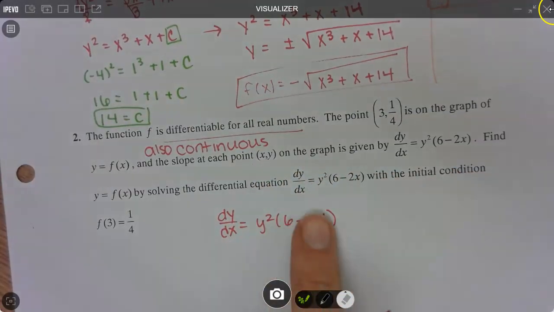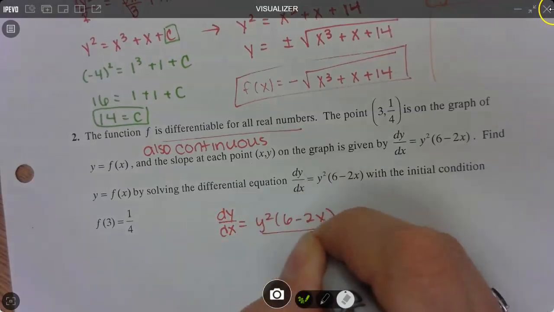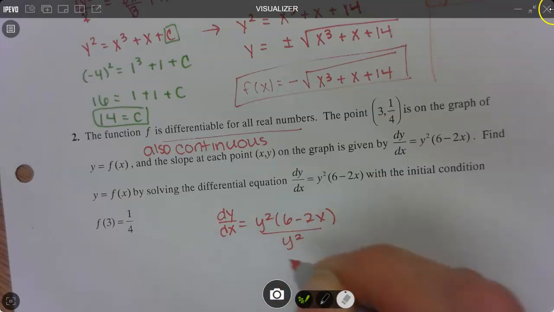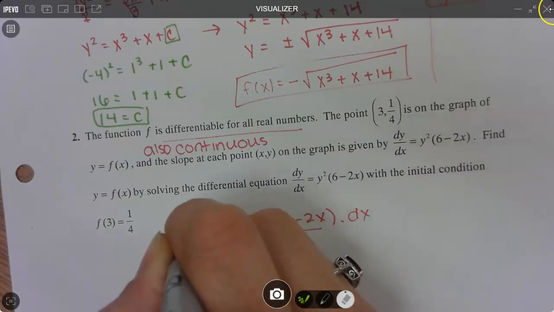So once again, you want to get y's with y's, dx's with dx's. So I'm going to divide both sides by y squared, and I'm going to multiply both sides by dx.